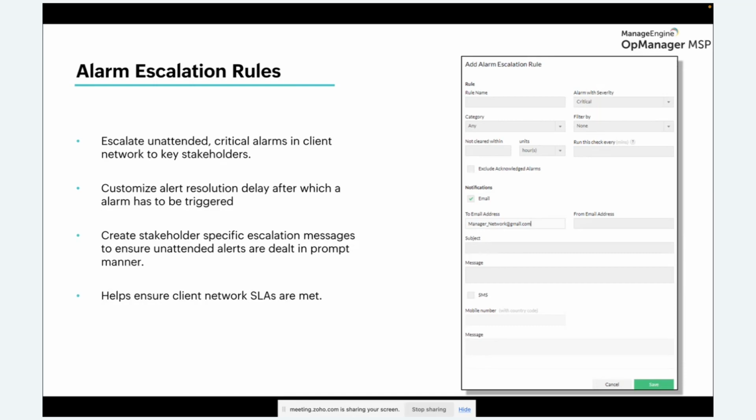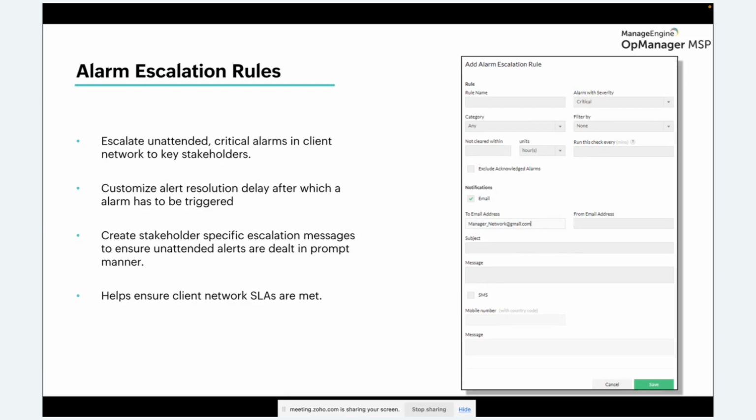So, for instance, CPU utilization of a server is important and it has to be kept under control. If you have not identified this alarm, there will be a lot of business impact. It will also impact the device, making it run slower, and it will not allow other applications or services to run smoothly.